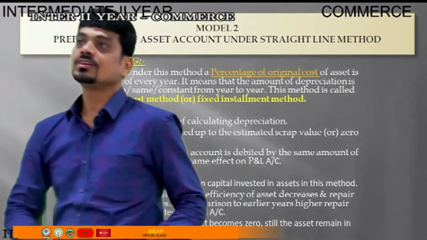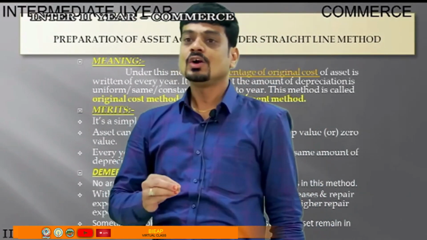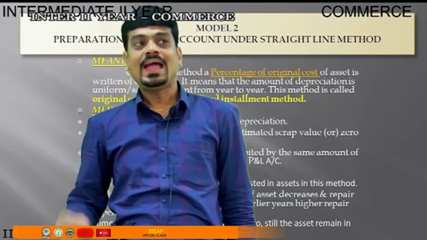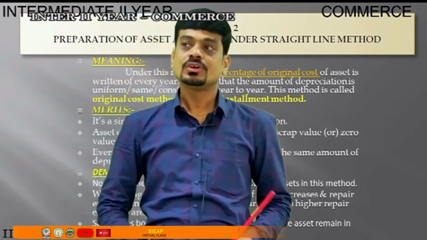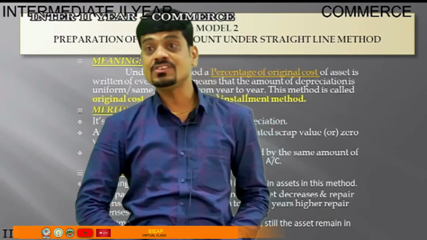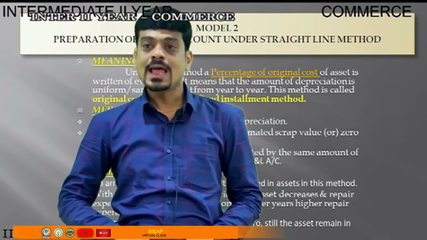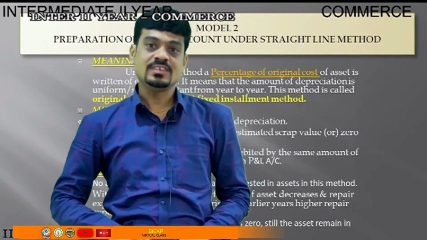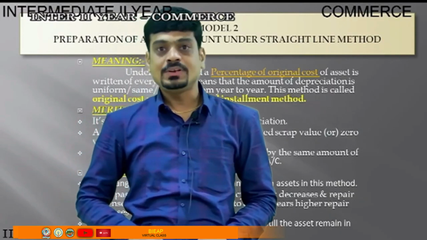In the last two sessions, we have seen the meaning of depreciation and its related terms like amortization, dilapidation, obsolescence and so on, and why we need to provide depreciation.